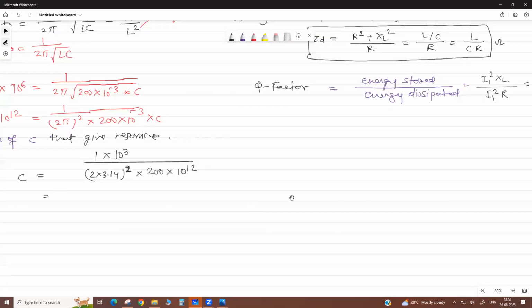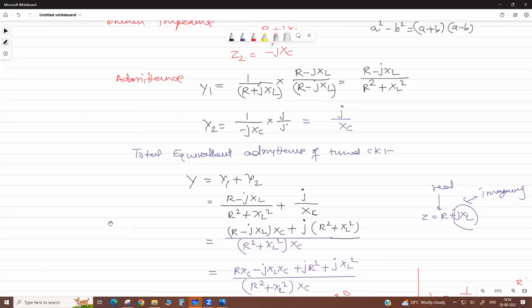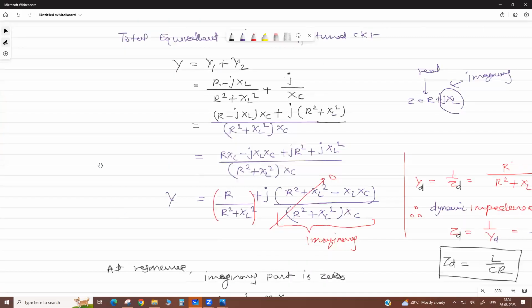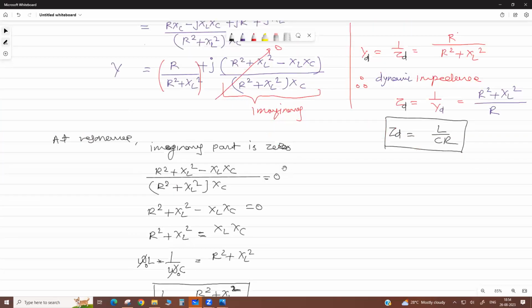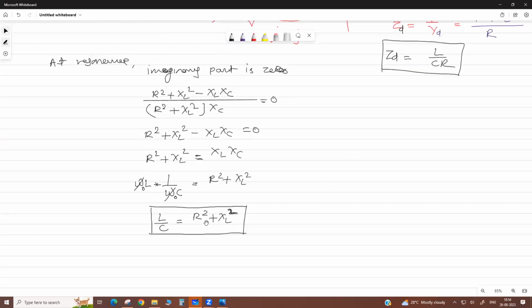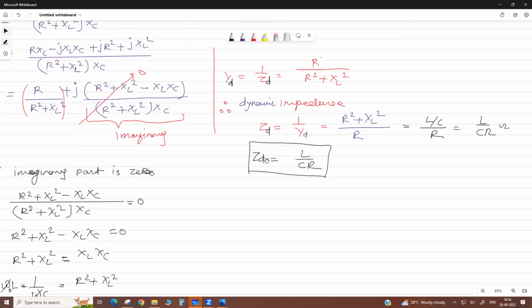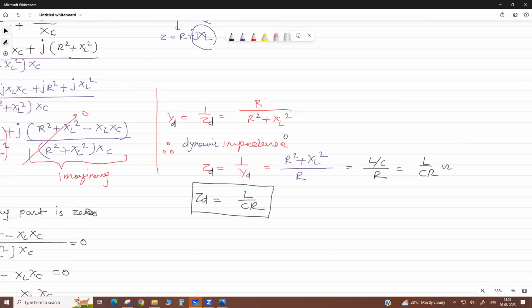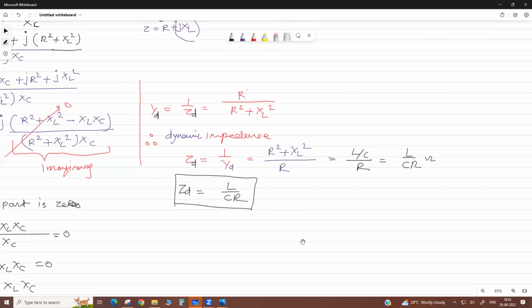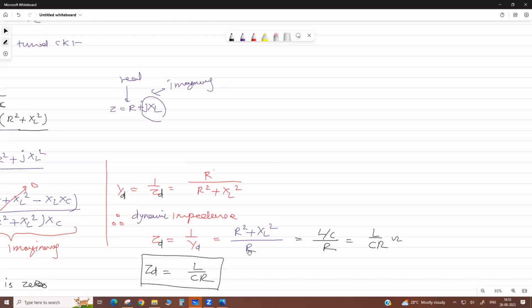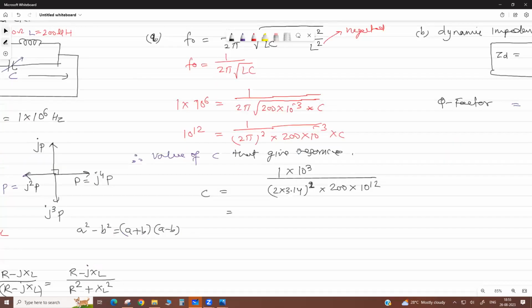So how does it come? If they change the circuit, you can calculate by this method. This is L by CR, then L by C we put here. Got it? For dynamic impedance we require a value.